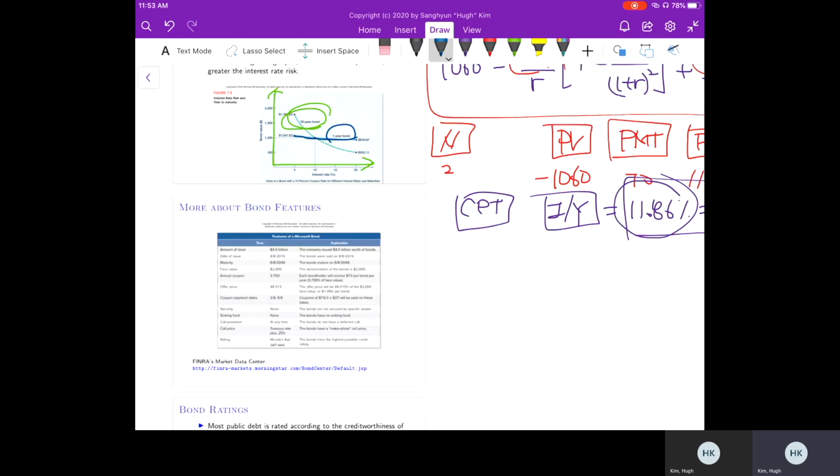So we have seen some basic bond features, but there are more bond features. But we're not going to see all of these bond features. So one bond feature that we're going to look at is bond ratings.